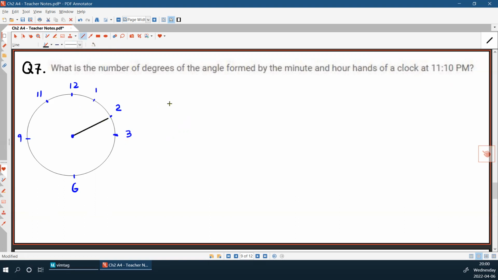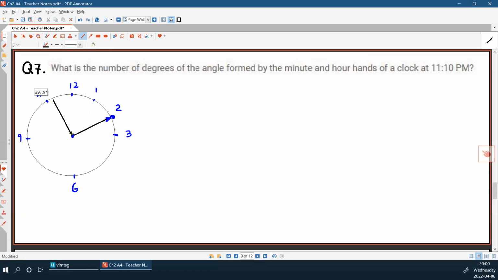At 2 here, right? This is the minute hand. So it must be exactly pointing to number 2 here. And how about the hour hand? Where is the hour hand? You mean 11 exactly? Or somewhere a little past 11, right?